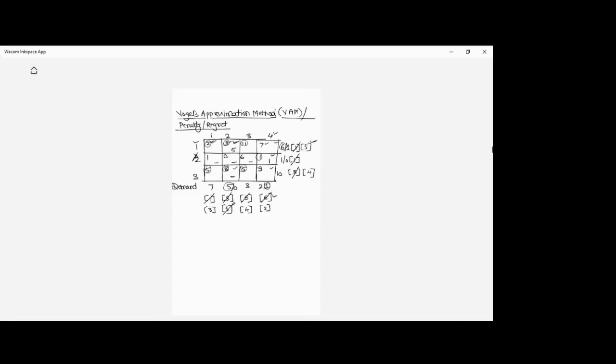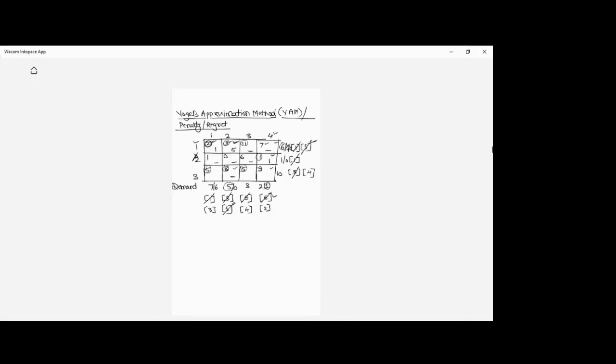We have 5 across 5. This is the least value cell, that is 2, and we can do the allocation of 1 here. So you will be exhausting this particular row as well, and here the pending value will be 6. So I'll be exhausting all this, and there is no need of consideration of this penalty further.